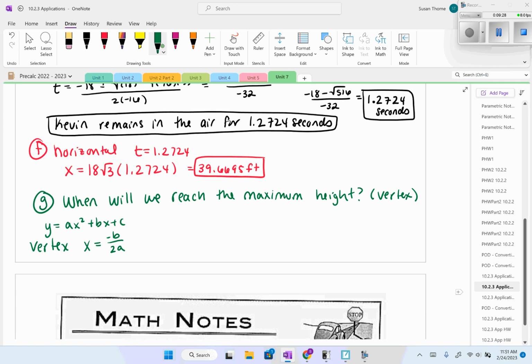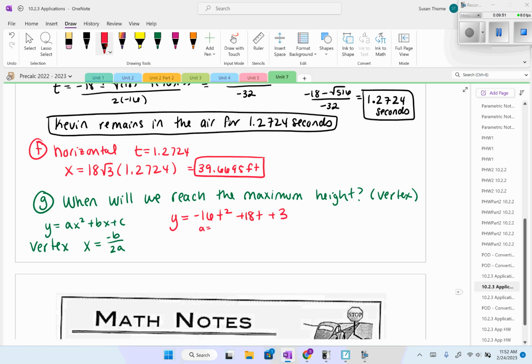So for our purposes, if we want to find when we're going to be at the maximum height, of course, since we're talking about the vertical distance, we're going to use our y equals equation. So we have y equals -16t squared plus 18t plus 3.